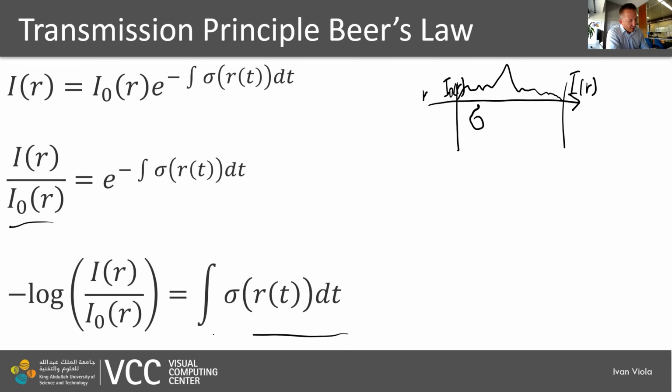In the end, we get a sum of densities along the ray. In a discrete case, this will not be an integral, but a sum.